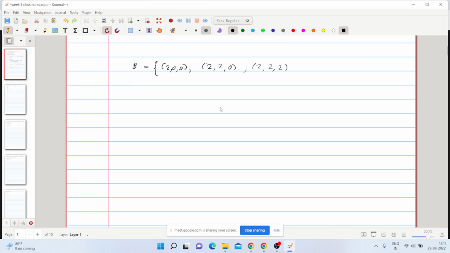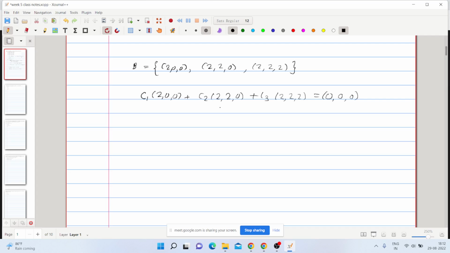To check the linearly independent condition, we write C1 into (2, 0, 0) plus C2 (2, 2, 0) plus C3 (2, 2, 2). This should be equal to 0, meaning the 0 vector (0, 0, 0) in R3, because we are considering R3.